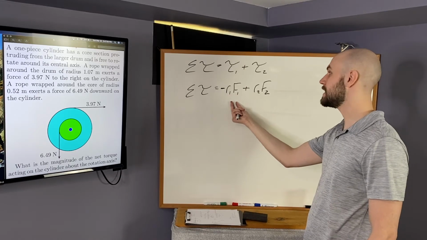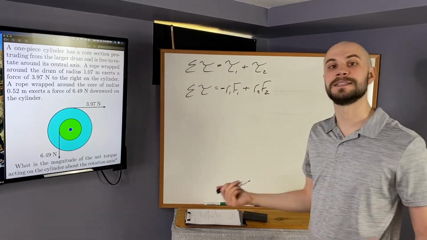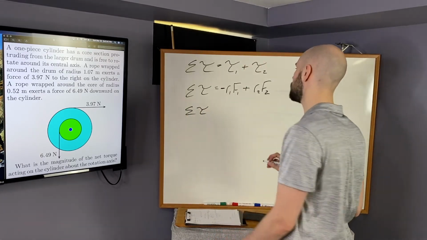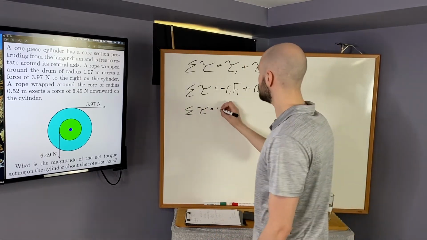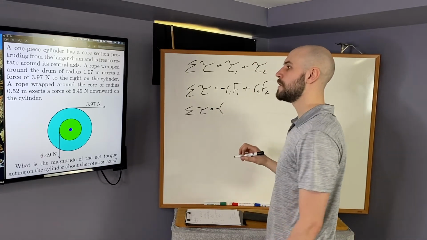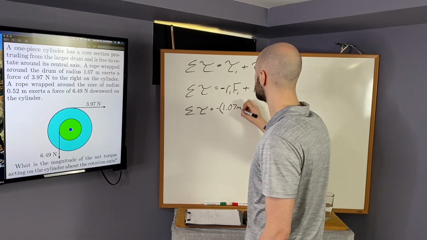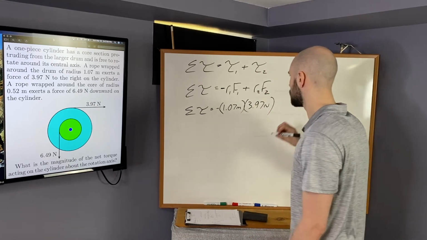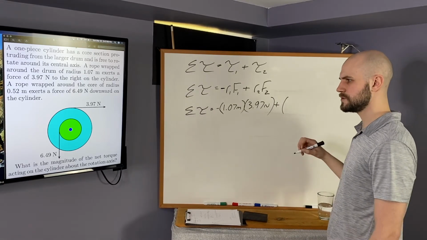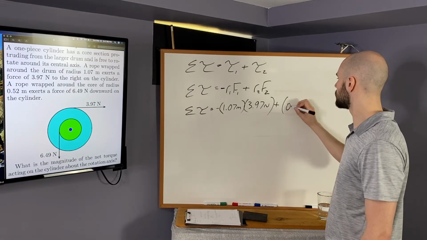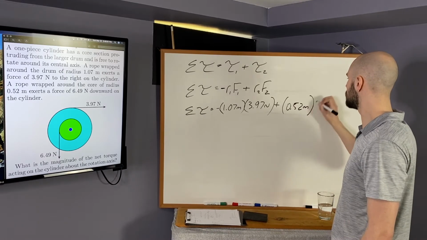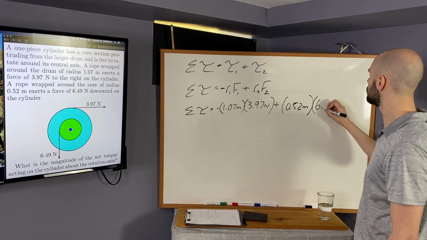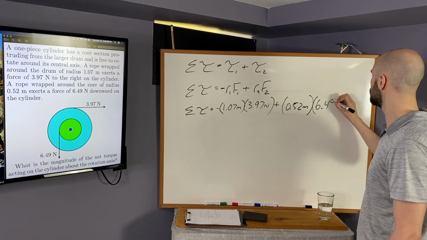Okay. Now, we know the distances away from the forces. We know the forces themselves. We can simply plug in and calculate the net torque acting on this object. The net torque is equal to negative R1, which is given to be 1.07 meters, times F1, which is given to be 3.97 newtons, plus R2, which is 0.52 meters, multiplied by 6.49 newtons.